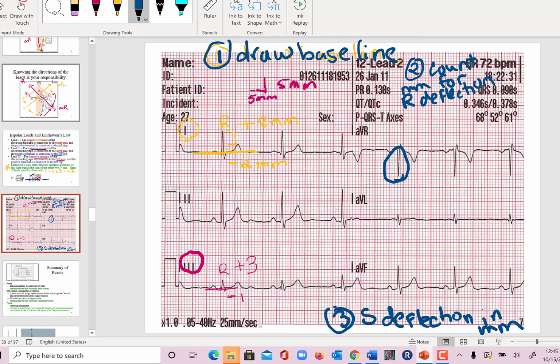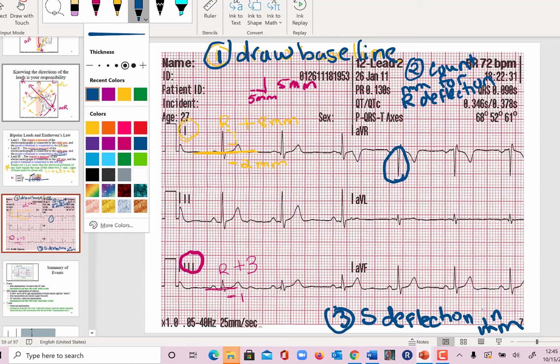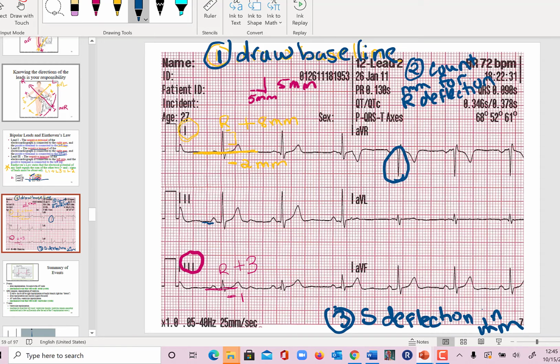So going back to lead 1, we had a positive deflection for R of +8 and a negative deflection for the S of -2. For lead 3, we had a positive deflection for the R of +3 and a negative deflection for the S of -1. Now let's look at lead 2. Let's draw our best fit baseline for lead 2.